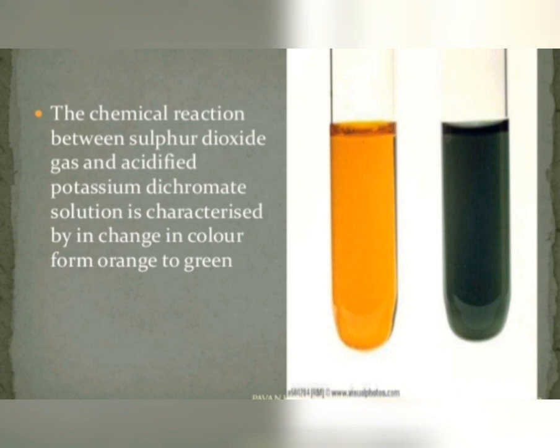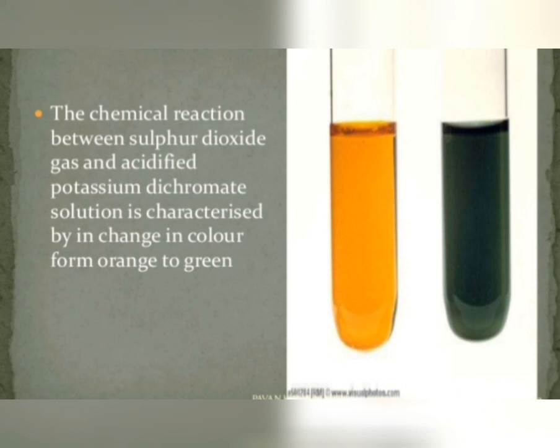At first the solution was orange in color, but when the sulfur dioxide is passed through the potassium dichromate, this orange color of the potassium dichromate solution changes to green color.